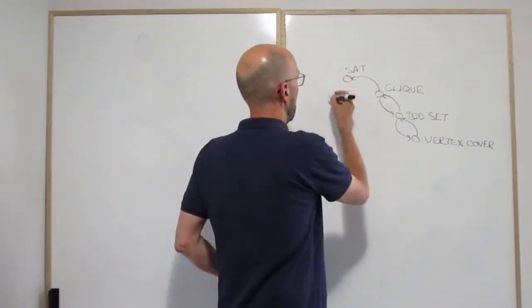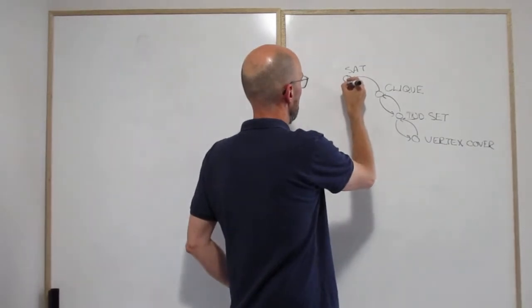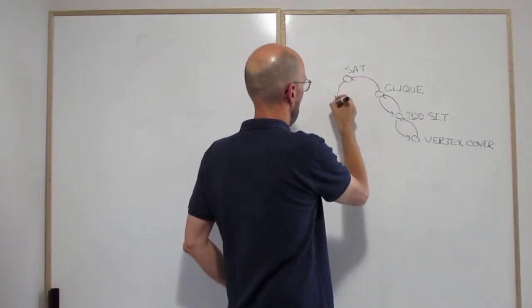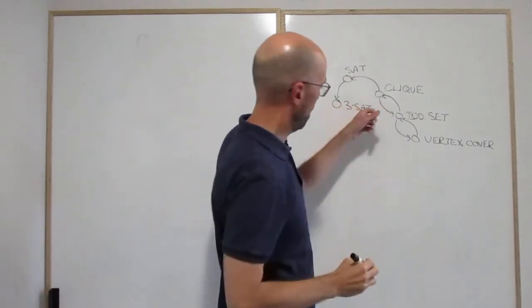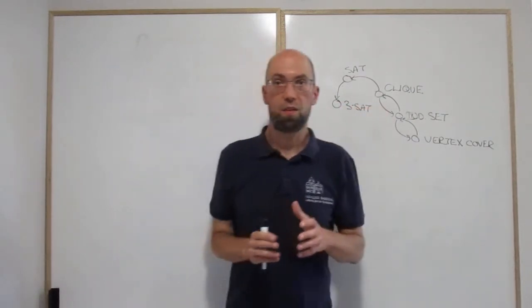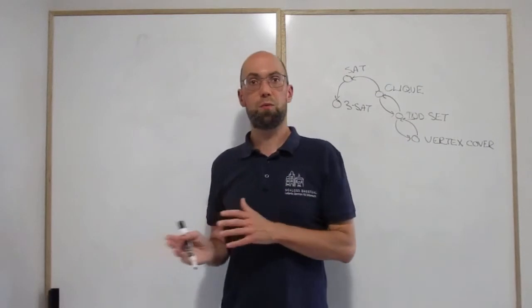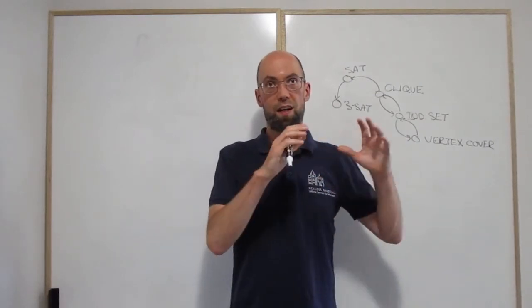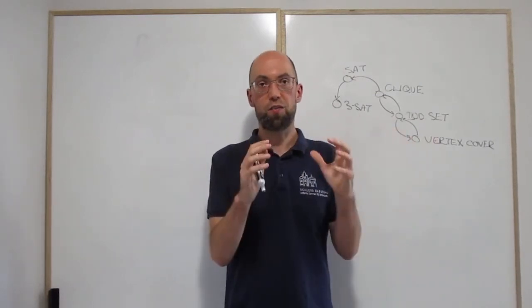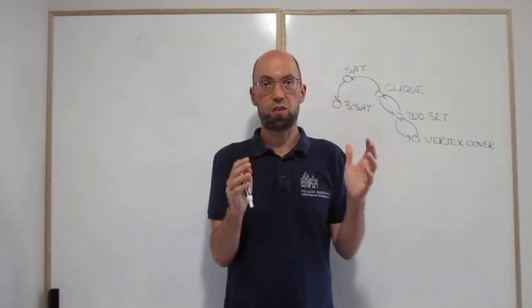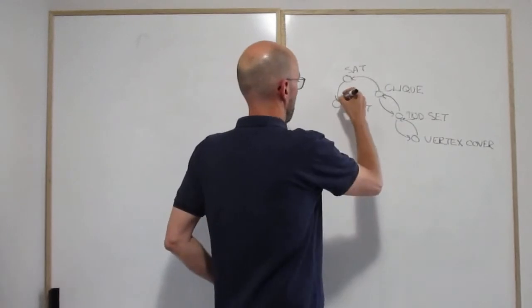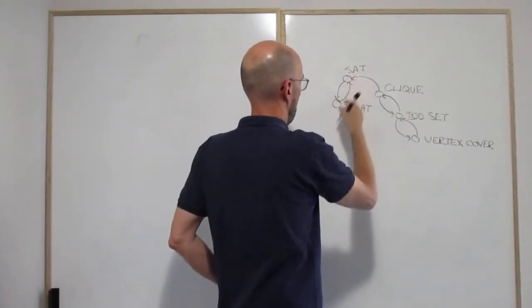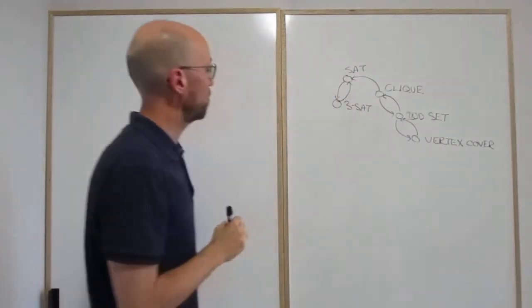And then we saw that you could reduce sat to 3 sat, which is propositional formulas in 3 conjunctive normal form, which means it's a conjunction of clauses. Each clause is a disjunction of 3 literals. Of course, 3 sat is a special case of sat.